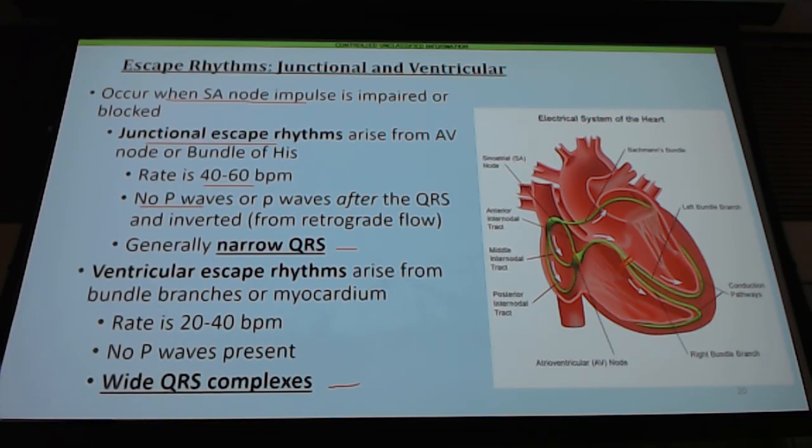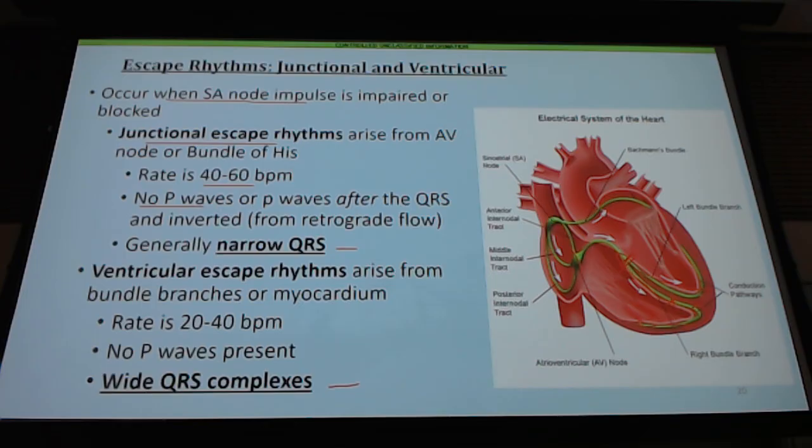So if I were to have an action potential generated, say, right here on the right bundle, I'm going to propagate the action potential down this way and get the right ventricle squeezing. But to get over to the left side, either I propagate up and then back down the left, or I go myocyte to myocyte until I get over to the left.